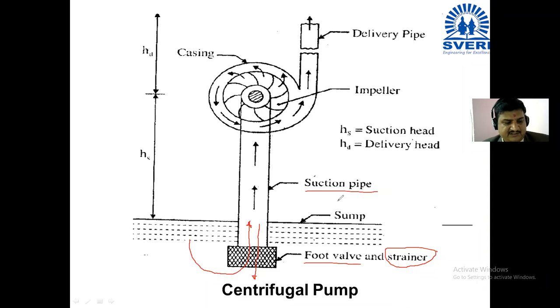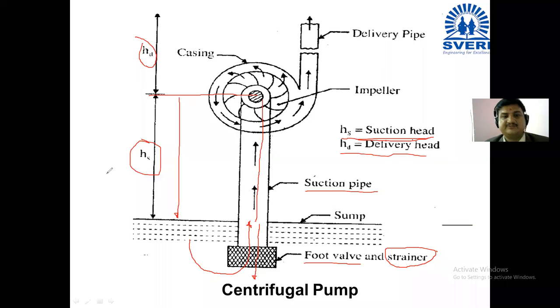The use of the suction pipe is to suck the liquid from the sump and send it to the impeller. It takes the liquid inside and delivers it up to the eye of the impeller. Exactly, this height from the ground level to the eye of the impeller is known as the suction head, while the height from the top side of the impeller up to the delivery spot is known as the delivery head. Here it has been shown.